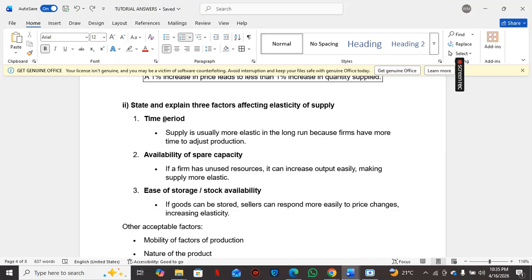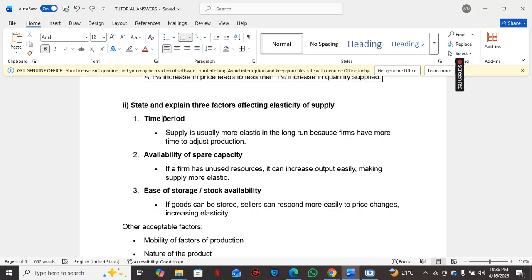That takes time and money. So in the short run, supply is usually inelastic because it's hard to acquire new workers, new equipment, new land, get new factories. It will take time for a company to do that. So in the short run, supply is inelastic.